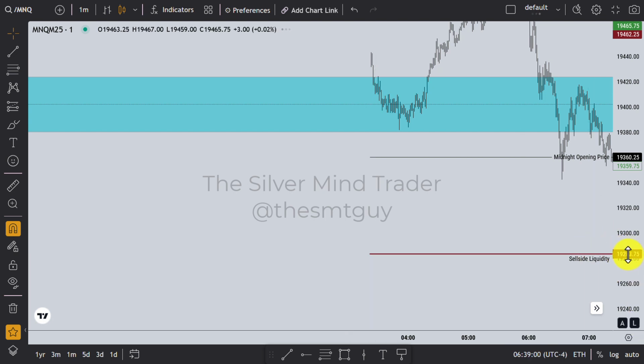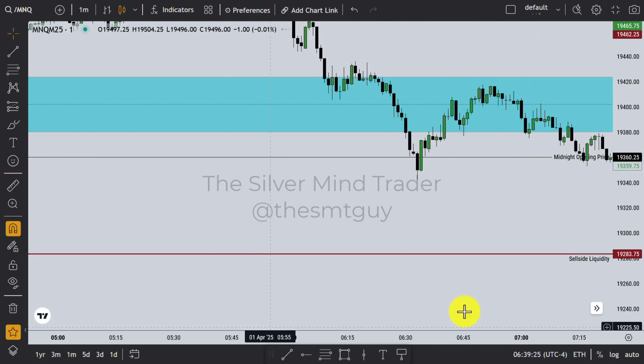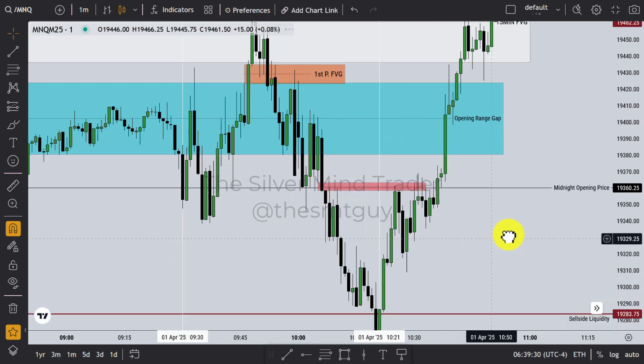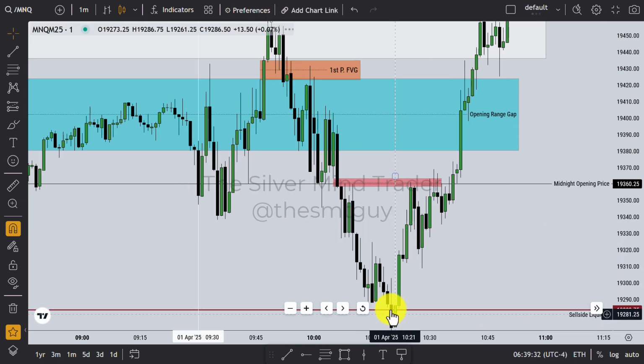That's that level 19283. Most of you that are using NAS 100, you won't see it at the same price action. But this line here is for that low at 9 p.m. on Monday, which was yesterday, 31st of March. That's the sell side liquidity we got from that 15-minute time frame. If you go to the 15-minute time frame, you see it clearer.